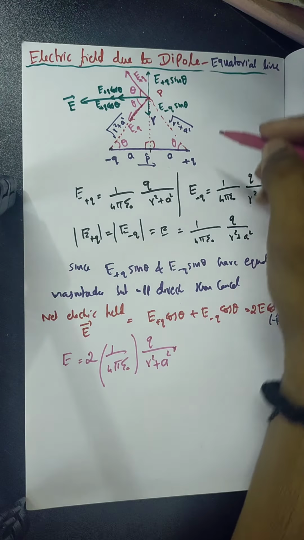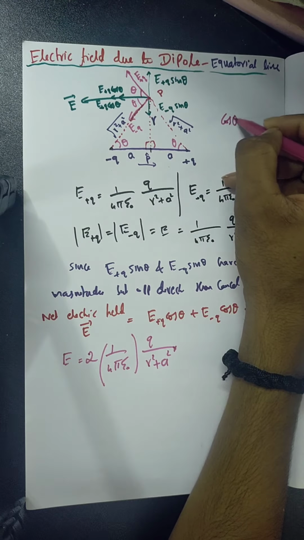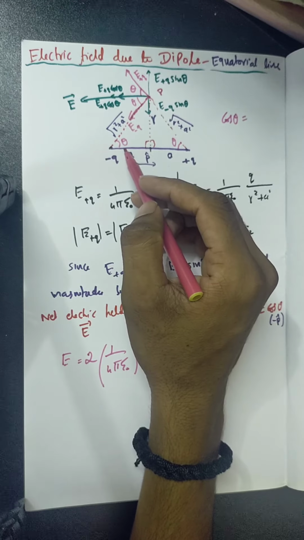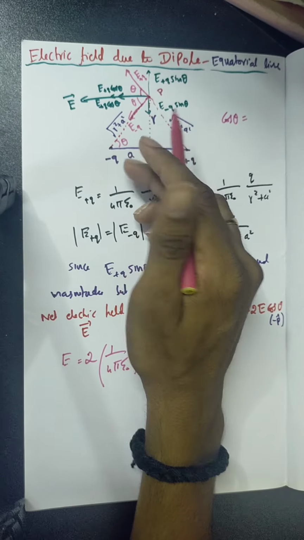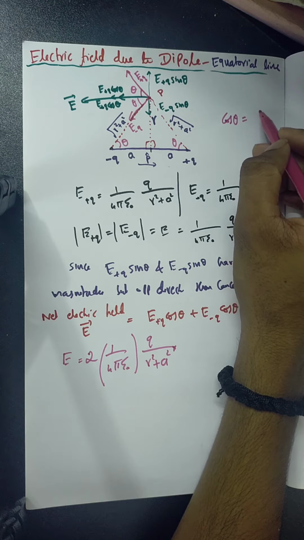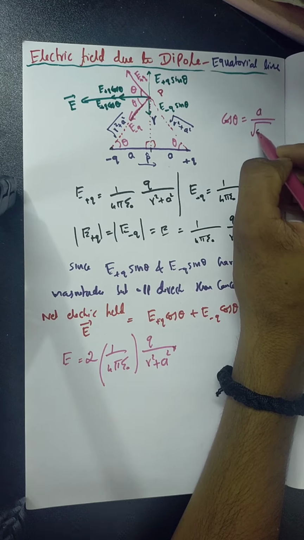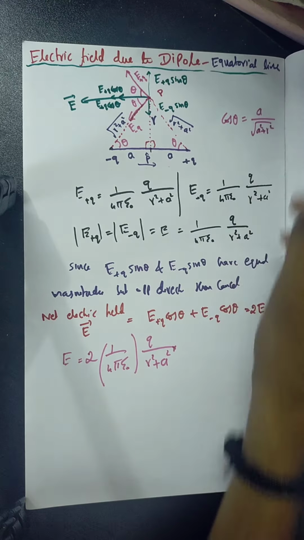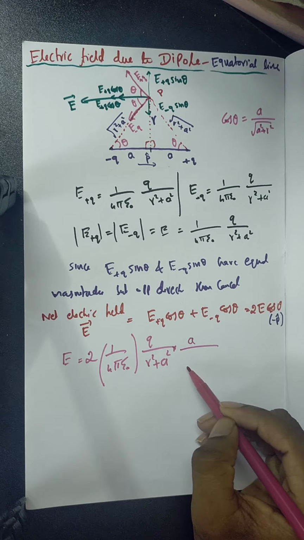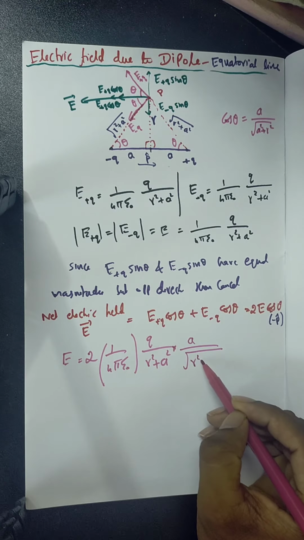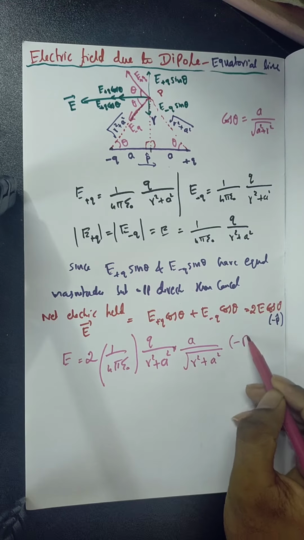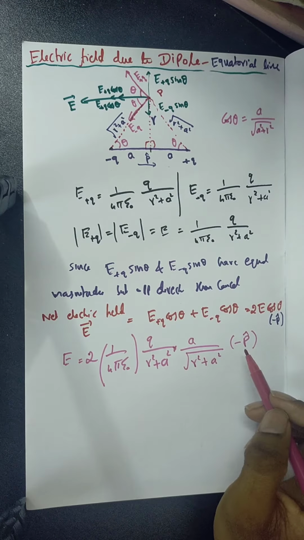So you take this theta in this triangle and apply the cos definition, cosine of that angle, that is equal to a by square root of a square plus r square. So this is cos theta. What is that? It's a by square root of r square plus a square. And the direction is obviously along P cap, but in the opposite direction.